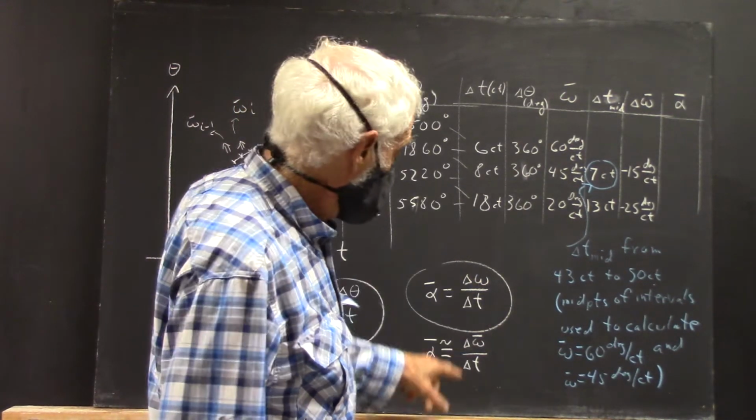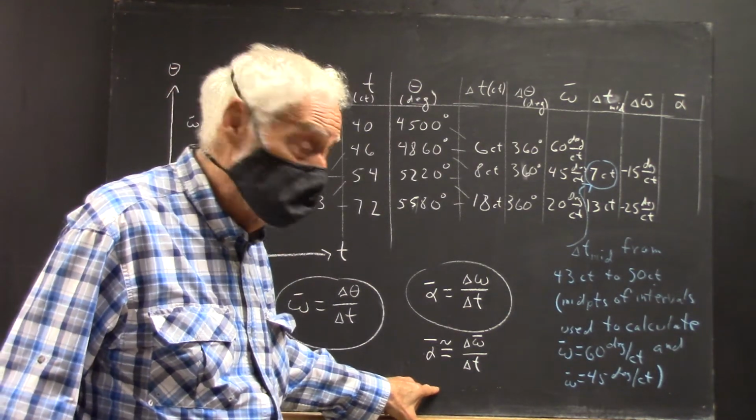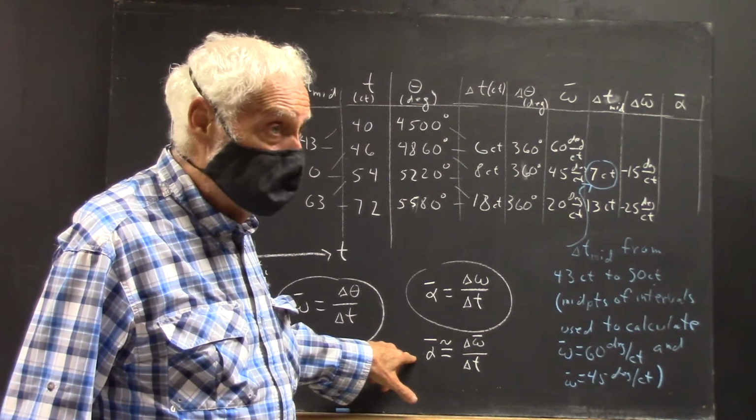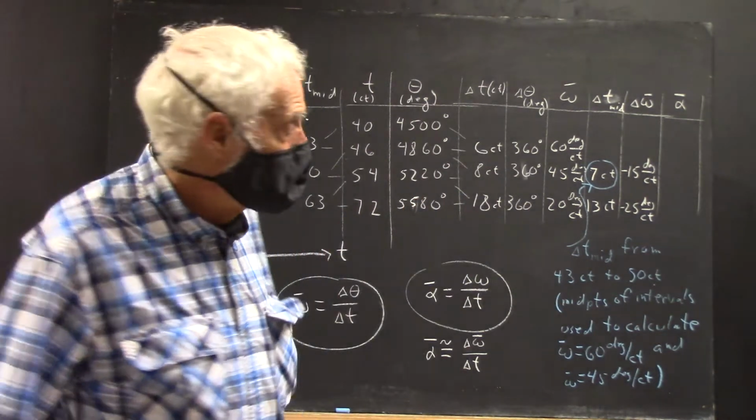Okay? So even if we knew omega bar accurately, we'd still just be getting an approximate value of alpha bar. Well, we'll go ahead and do this.